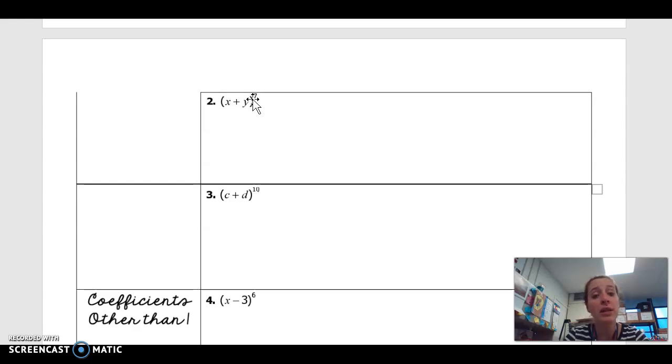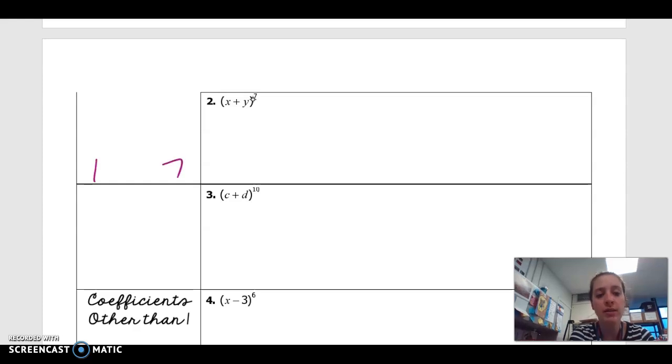If you want one printed out, just let me know and I'll print you out one. When I expand it, I end up with my coefficients being 1, 7, 21, 35, 35, 21, 7, and 1. Ooh, those are very close together, so I'm going to separate them a little bit.